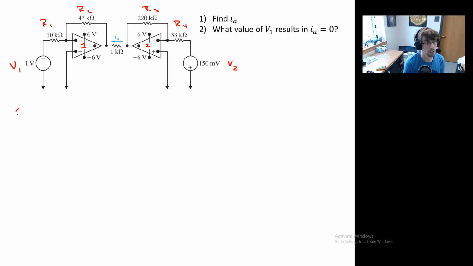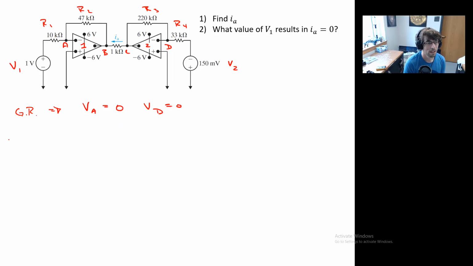So the first thing I'm thinking of is, let's apply our golden rule, and that allows us to say that the potential at A is equal to, excuse me, I forgot to label my nodes, A, B, C, and D. So the potential at A will be equal to 0, and the potential at D will similarly be 0.